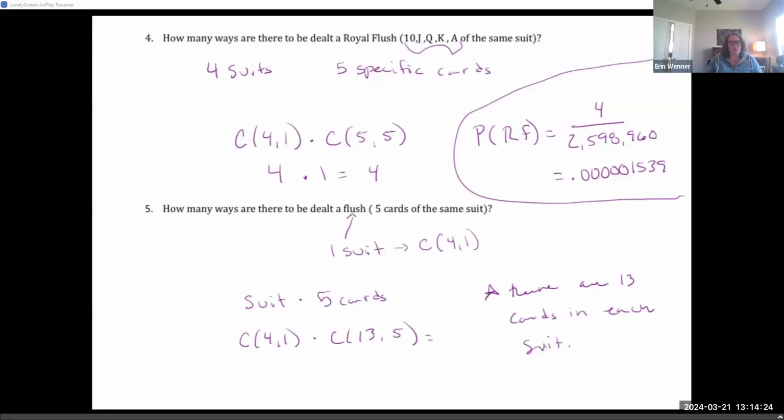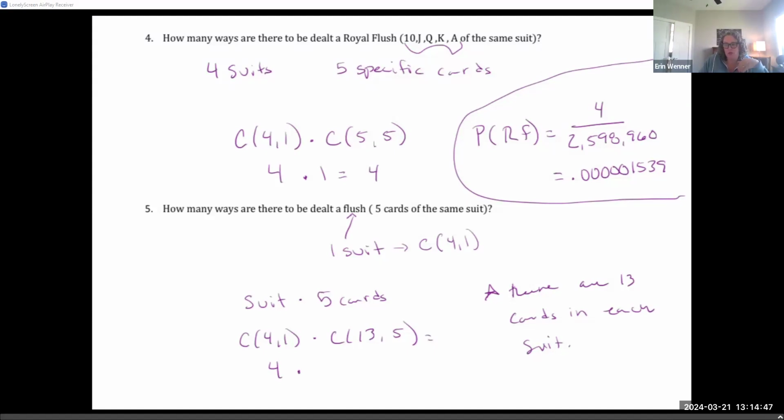So we know when we're doing the combination of 4 items, taken one at a time, we've got 4 outcomes there. The piece we don't know is the combination of 13 items, taken 5 at a time. We're dealing with a combination because we're just choosing 5 cards. The order we're choosing them in does not matter.